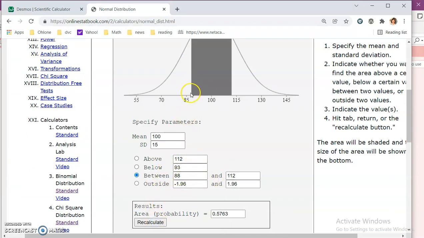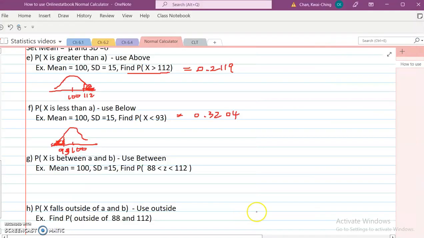Recalculate, so it's like this, right? 88 and 112, 0.5763. It is rounded to four decimals. 88 and 112, so it's in between.